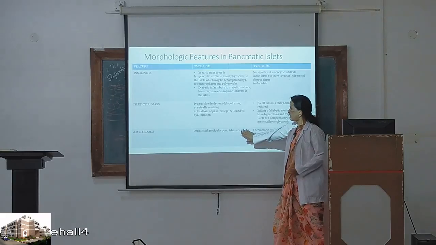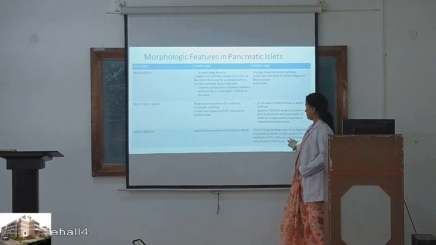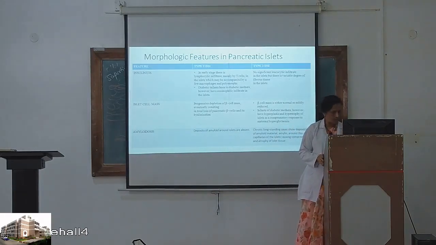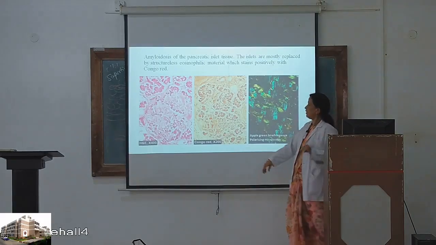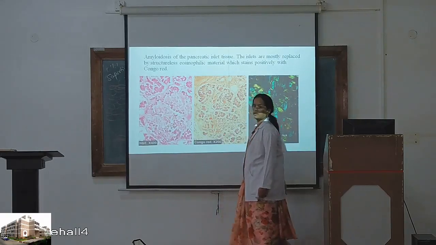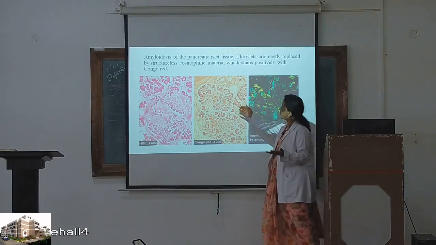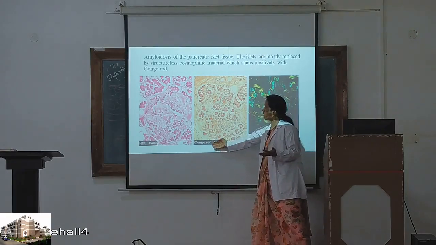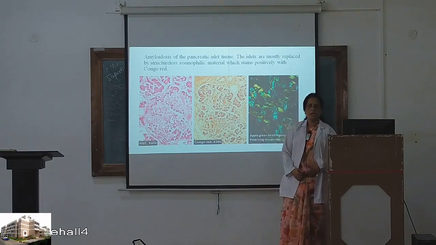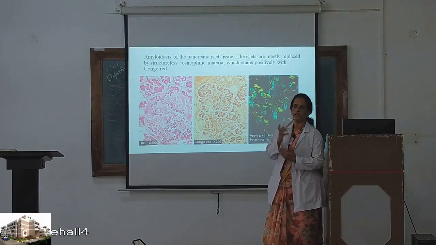Amyloidosis. Deposits of amyloid are not seen in juvenile or type 1. In type 2 they are seen. Remember amyloid we have taught you? It appears as pink, homogeneous, structureless material. Even collagen looks like that. How do we say it is amyloid? We do a special stain. What special stain? Congo red. What happens if this is amyloid? It takes up a red color. Are we happy just to say it is amyloid because Congo red has stained it red?